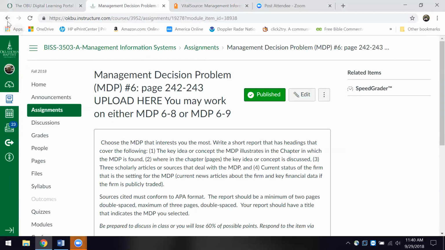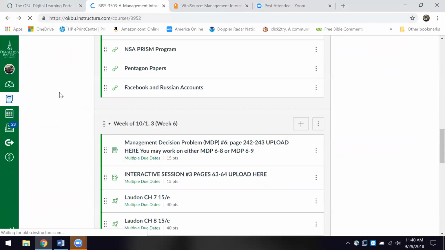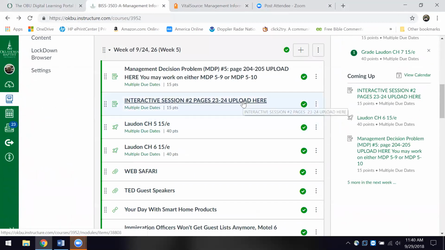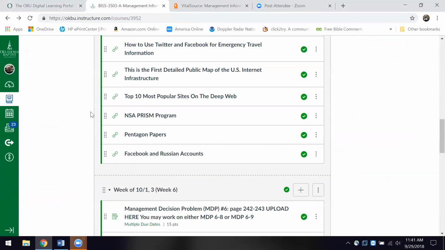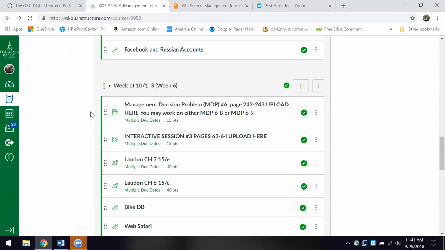Now, we'll go back. And here's interactive session number 2 for week 6. And that's on pages 63 through 64.